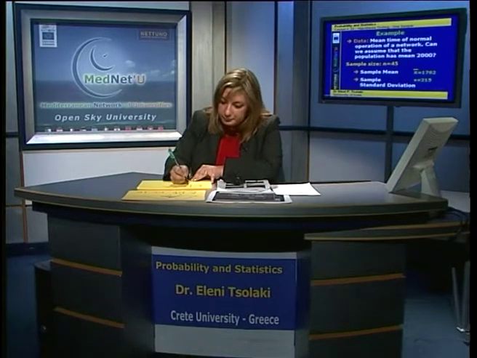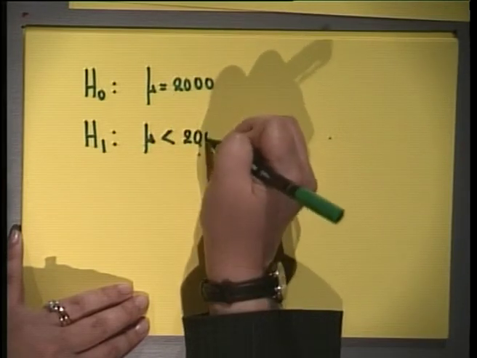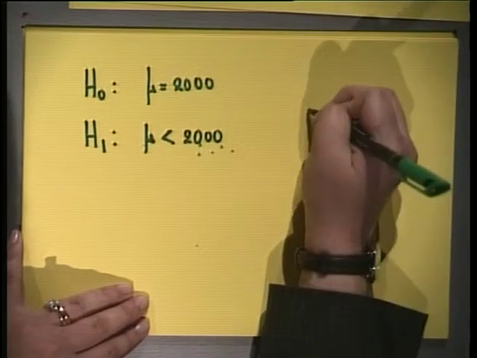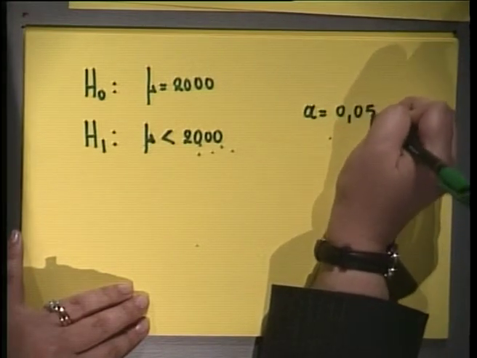Now I'm going to use less than, and let's choose A to be 0.05.